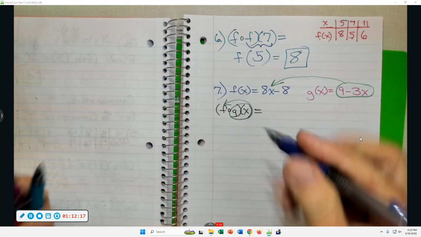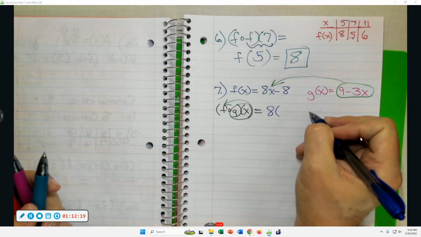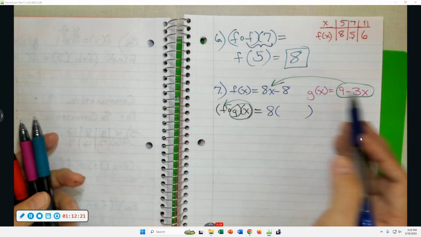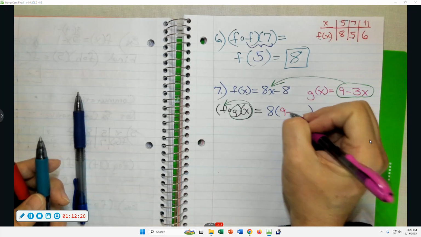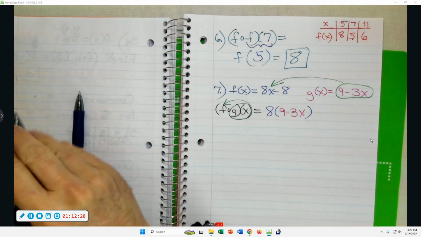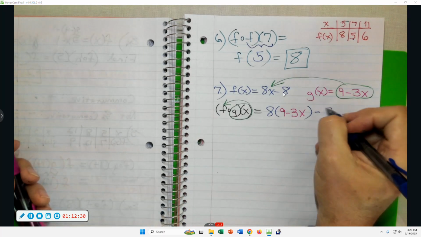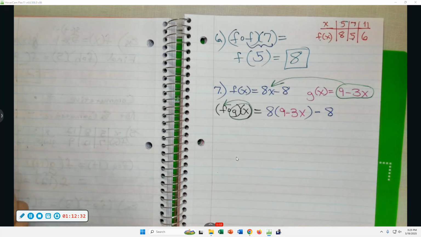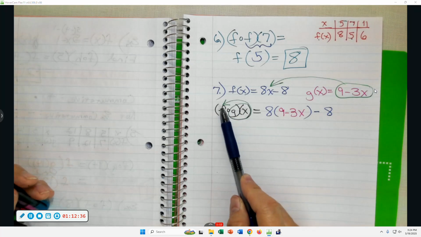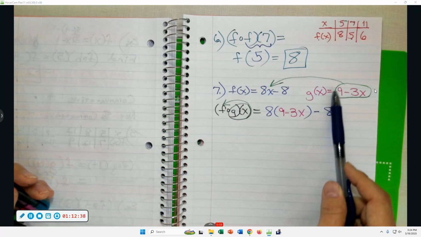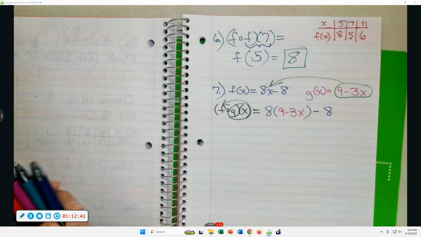So what have we got? We have an 8. Replace the x with the pink 9 minus 3x. And I still have the minus 8.